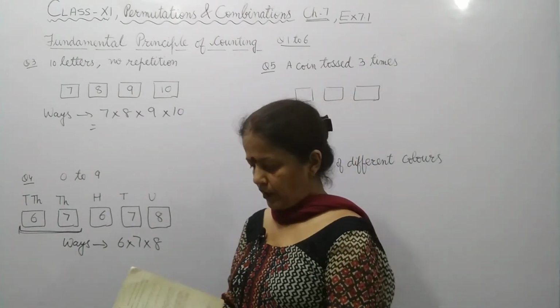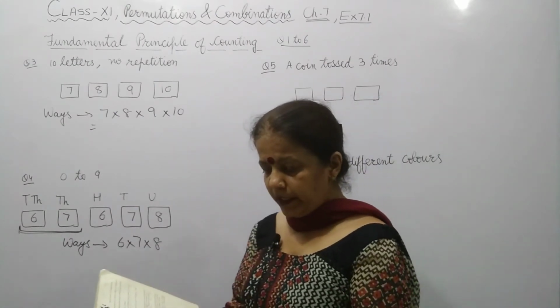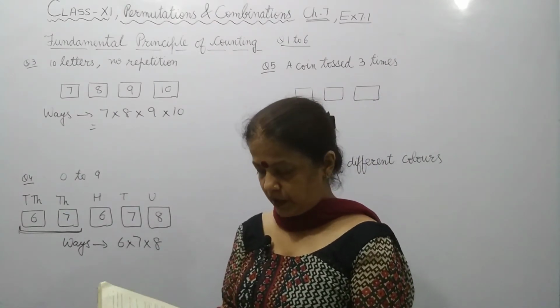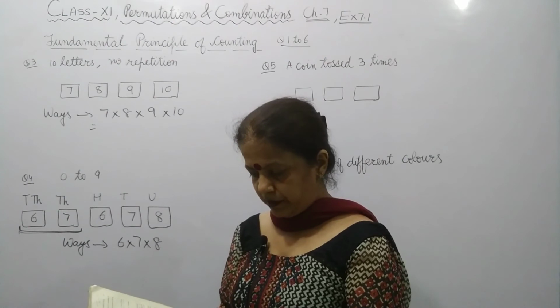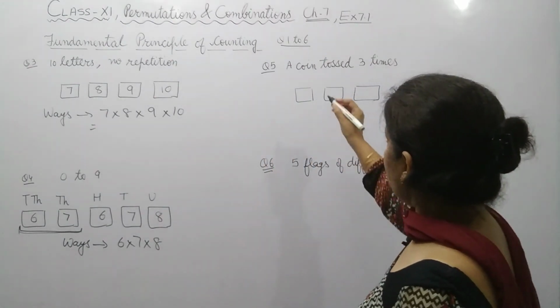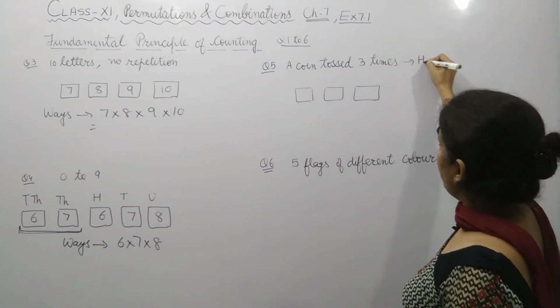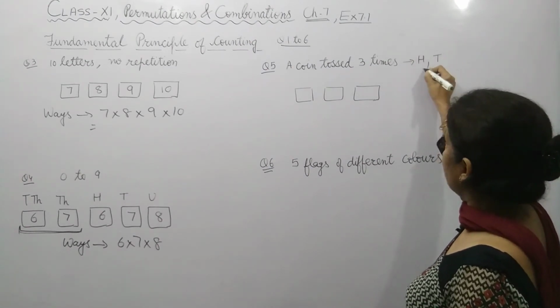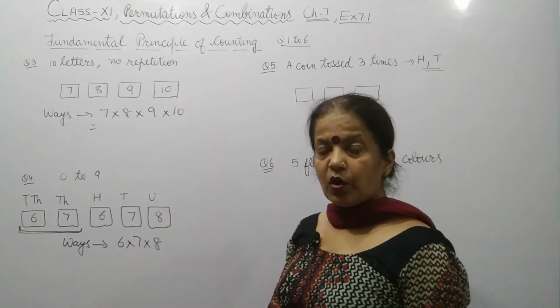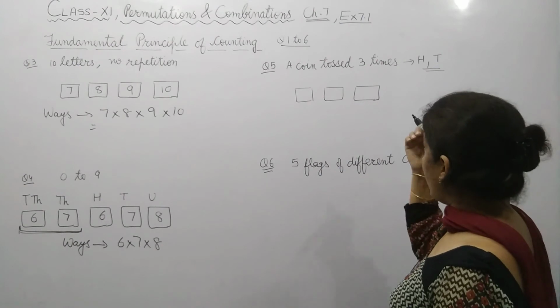Okay? Question 5th. A coin is tossed 3 times and outcomes are recorded. How many possible outcomes are there? Our coin is tossed 3 times. If we toss the coin, either we will get head or tail. And what will be the total number of cases over here? 3 times.